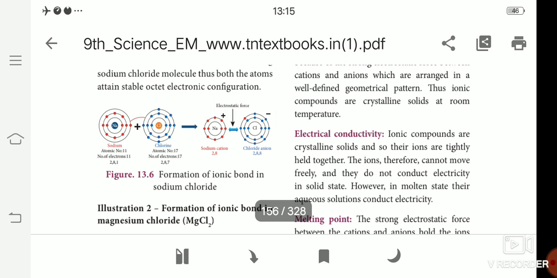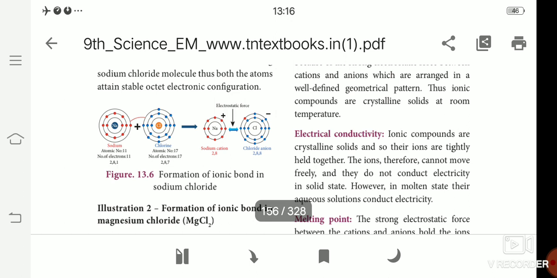Then chlorine has atomic number 17 and electronic configuration 2, 8, 7. So chlorine is one electron short of the nearest stable noble gas configuration of argon. So chlorine gains one electron from sodium, and then it is nearest to the noble gas argon. The outermost valence shell is completed with 8 electrons.